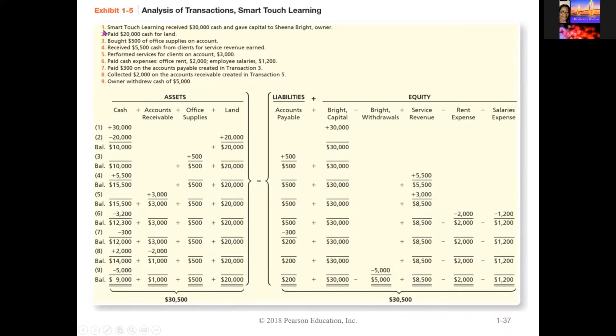So the first transaction was Smart Touch Learning received $30,000 cash and gave capital. The second transaction is when the company paid cash of $20,000 for land. Okay, so you see cash decrease. Now the balance there is $10,000, but you have land. Capital still remains the same.